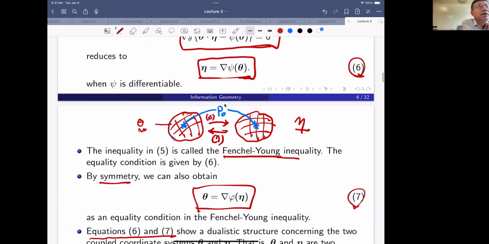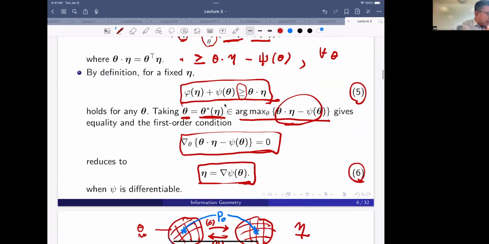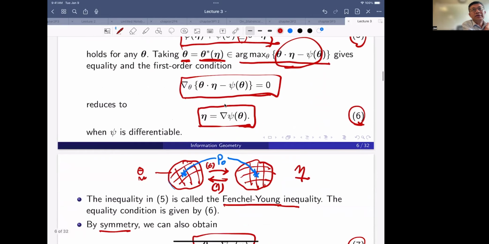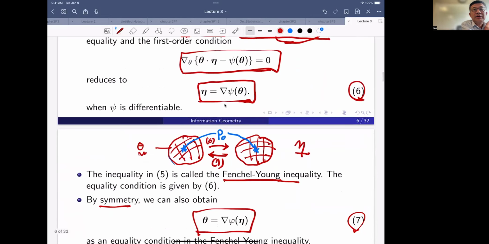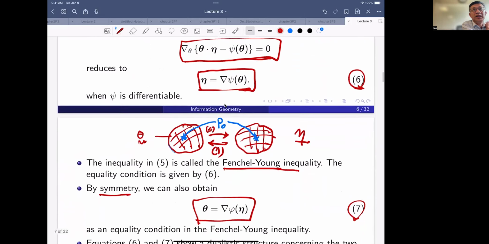That means if the equality holds in equation 5, then we can write down equations 6 and 7. Equality in equation 5 will hold when 6 holds, which is the same as 7 holding. So 6 and 7 depend on the equality of 5. That is the condition for achieving the equality.